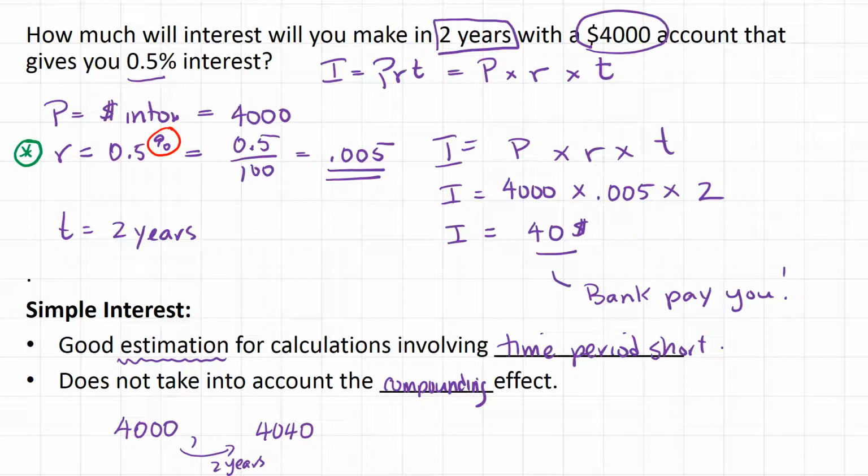Now, if you leave that money in the bank account and then calculate interest again, it's not going to be $40, it's going to be even more. That is called the compounding effect, and we'll be investigating that a little bit in a further lesson. But simple interest doesn't take that into account.